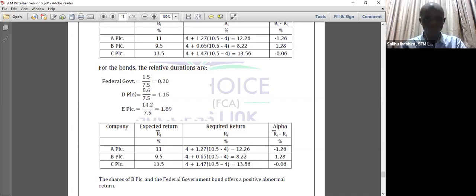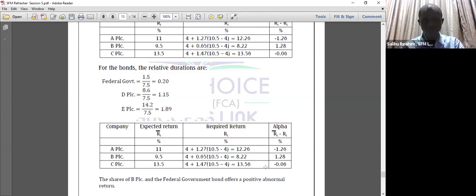Then pick the duration of DPSC divided by the bond market duration. We have 1.15. Do the same thing for E. We have 1.89. So go and compute the required return, the same thing we did for the shares. These are the expected returns. These are the required returns. The only thing that changes the result is beta. The market return remains, the risk-free rate remains. So what's our alpha? 1.26, 1.28, and what?